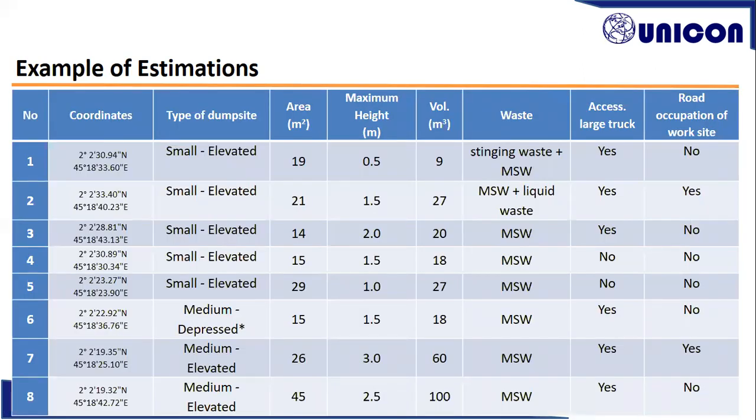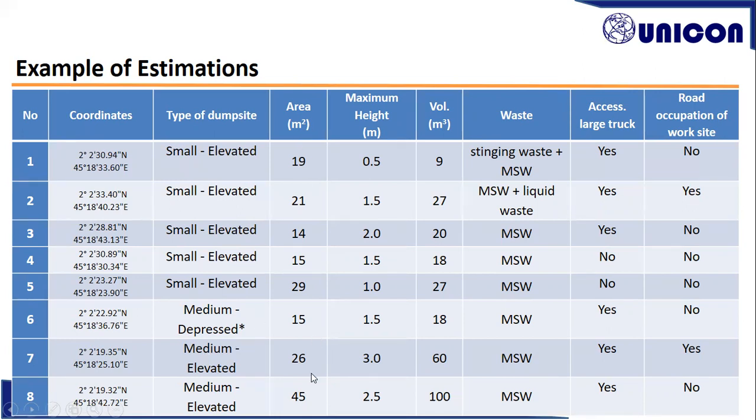Here you can see a summary of the information that we imagined to have. In particular, these are the coordinates and the type of dump site. As I said, we assumed 5 small dump sites and 3 medium dump sites.